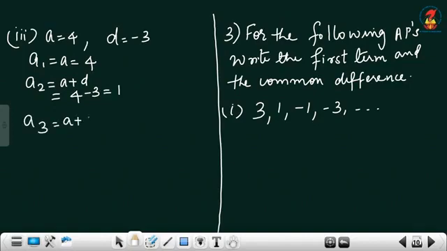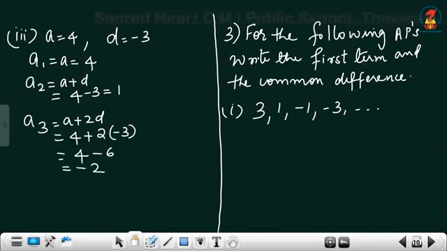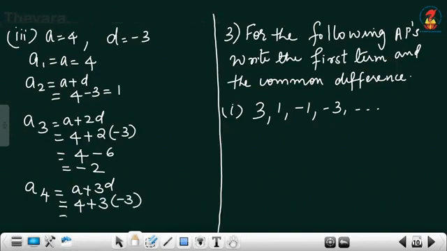A3 is equal to A plus 2D, which is equal to 4 plus 2 into minus 3, which is equal to 4 minus 6, which is equal to minus 2. A4 is equal to A plus 3D, which is equal to 4 plus 3 into minus 3, which is equal to 4 minus 9, which is equal to minus 5.